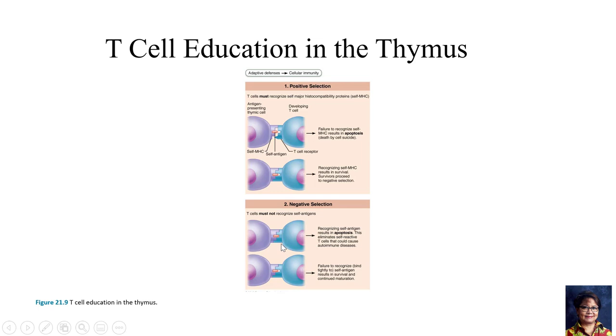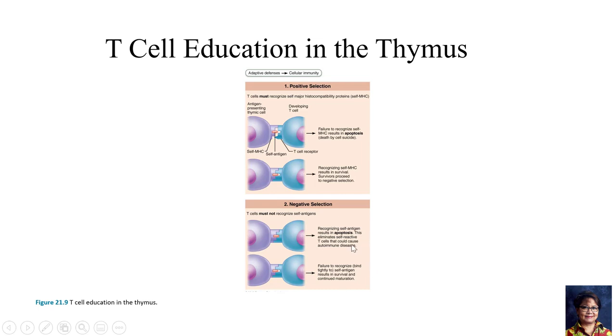This eliminates the self-reactive T cells that could cause an autoimmune disease. If your T cell recognizes your self antigen as a foreign antigen, then that T cell is going to be killed before it becomes immunocompetent. It's not going to be released outside. Before it's released outside, it has to be eliminated.